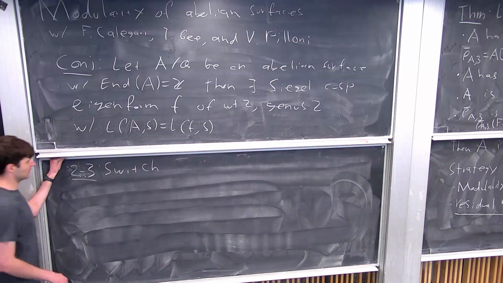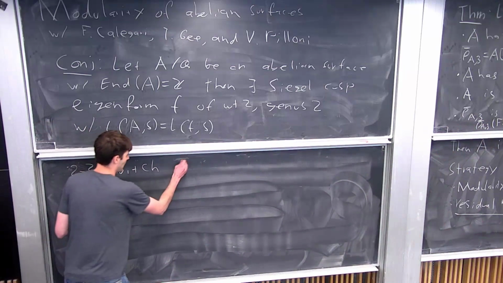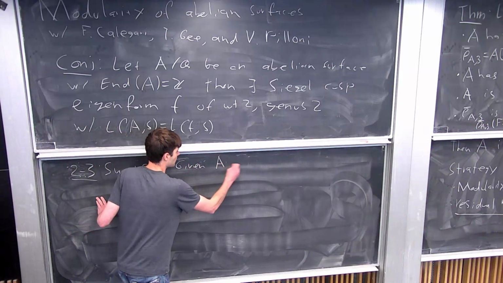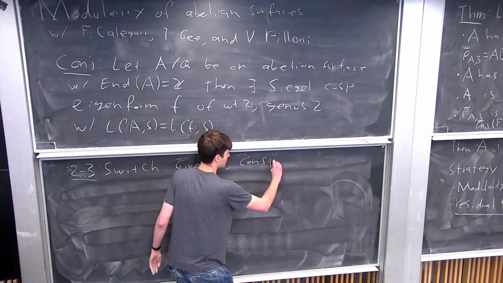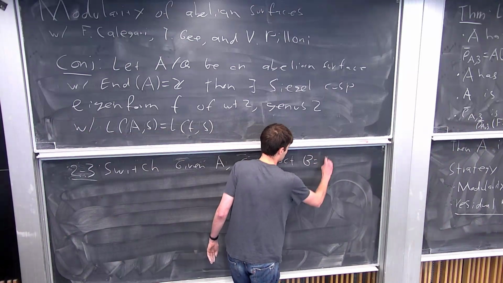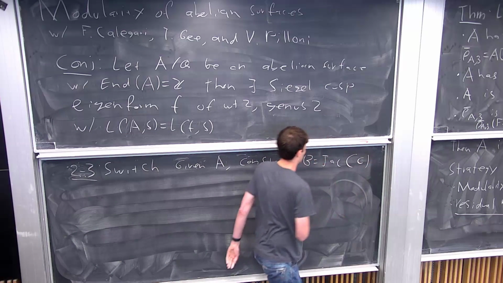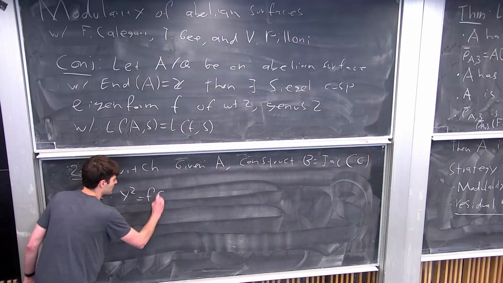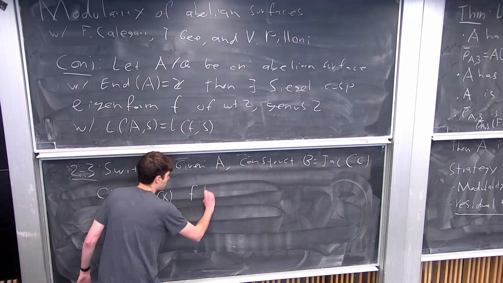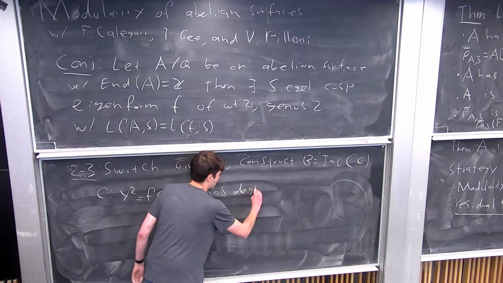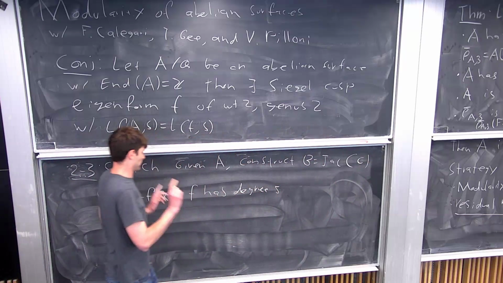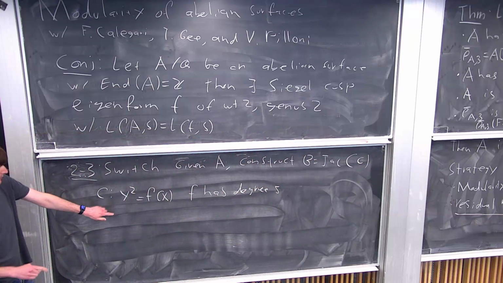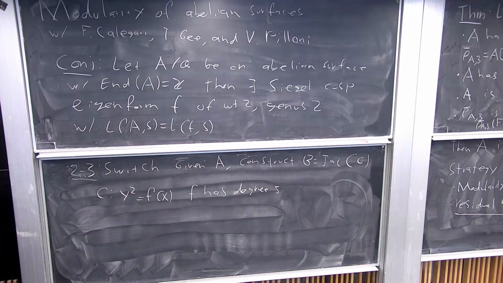And so the way that's going to work is, given A, we're going to construct B, which is going to be the Jacobian of some genus 2 curve C, which is of the form y squared equals f of x, where f has degree 5. As I'll explain in a moment, this is a special kind of abelian surface because this f has degree 5, and we'll discuss in exactly what way in a bit.